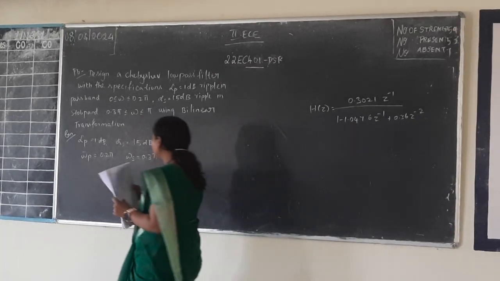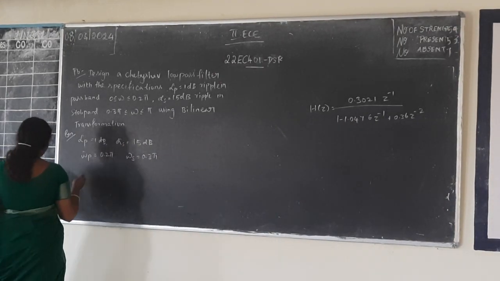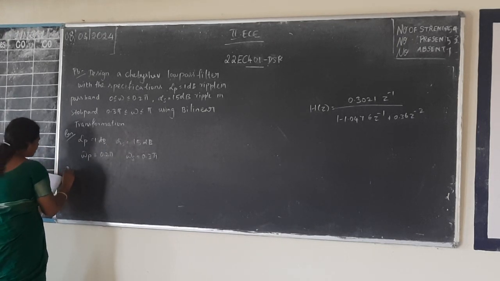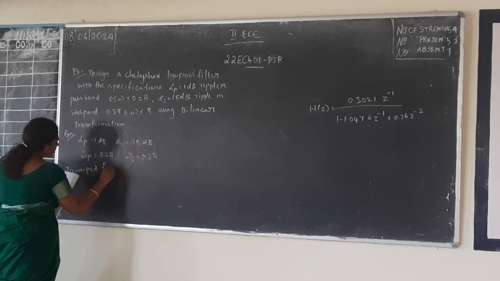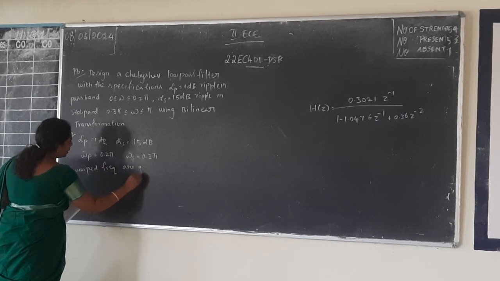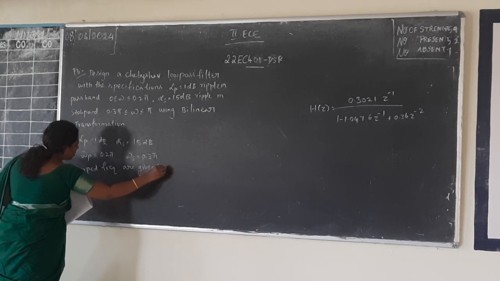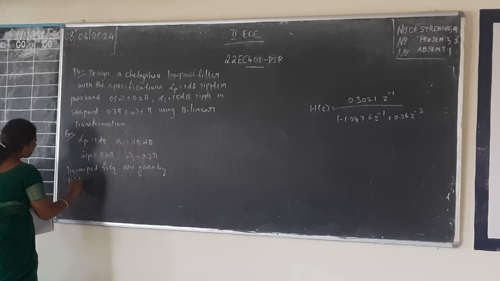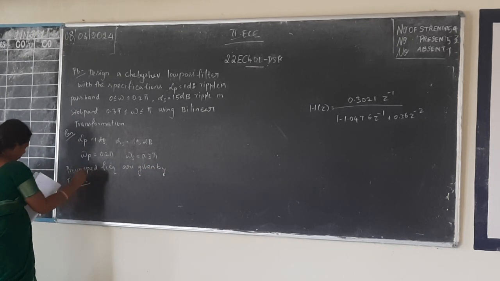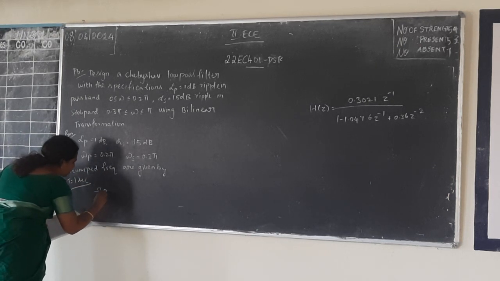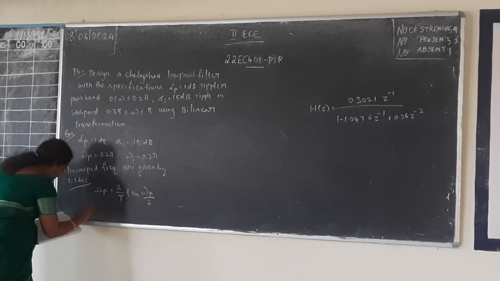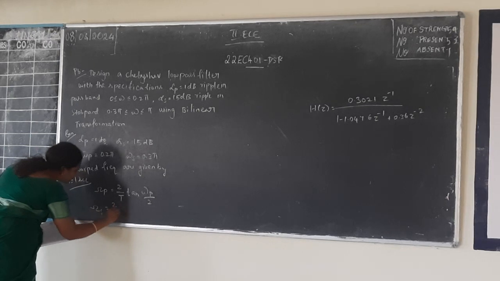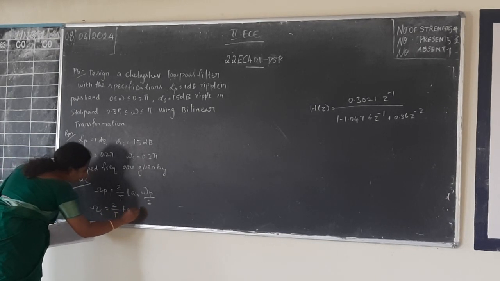The prewarped frequencies are given by, assuming T equal to 1 second, the formula omega p equal to 2 by T tan of omega p by 2, and omega s equal to 2 by T tan of omega s by 2.